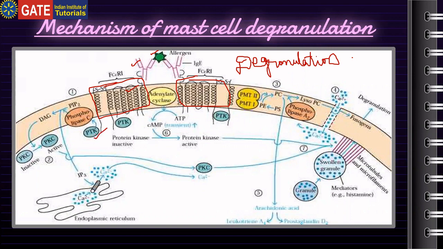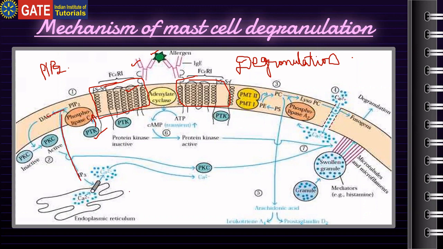Once PTK gets activated, PTK is going to activate an important effector molecule, which we can call PLC, phospholipase C. Now, what is phospholipase C doing, friends? We know that phospholipase C breaks down the membrane lipid, which we already studied in the cell signaling topic. That is PIP2, into IP3 as well as DAG.